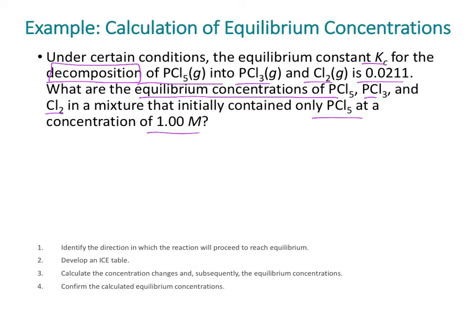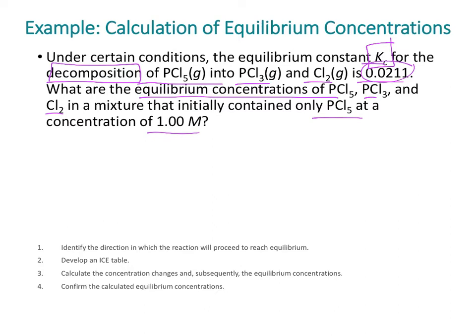So what we're given here is the equilibrium constant and one initial concentration. That's it. So this ends up being the more challenging version of these problems. In the other ones, you're given at least one or two more pieces of information.